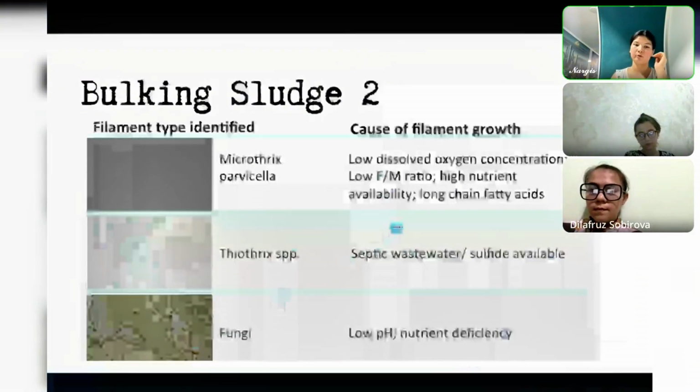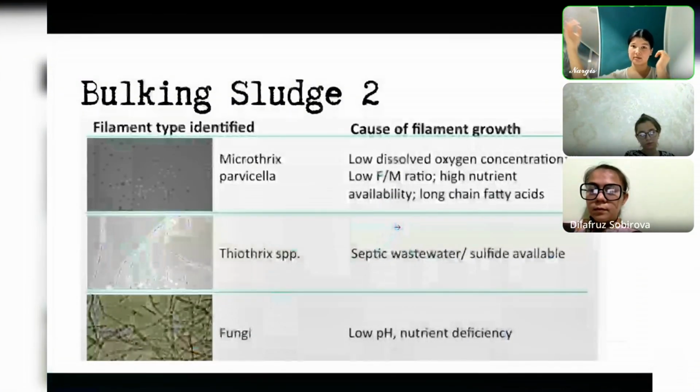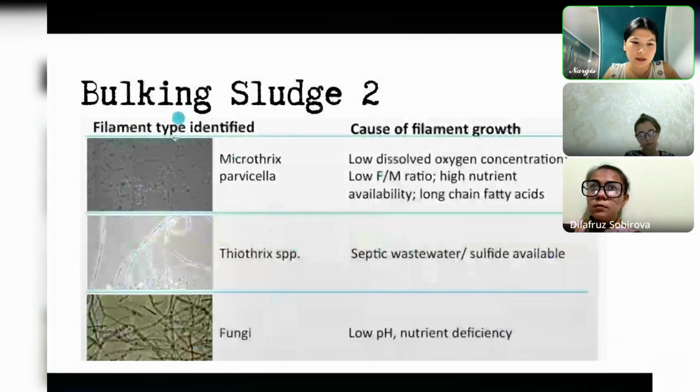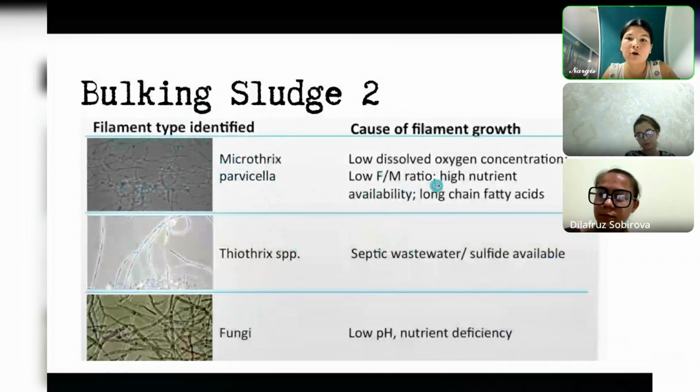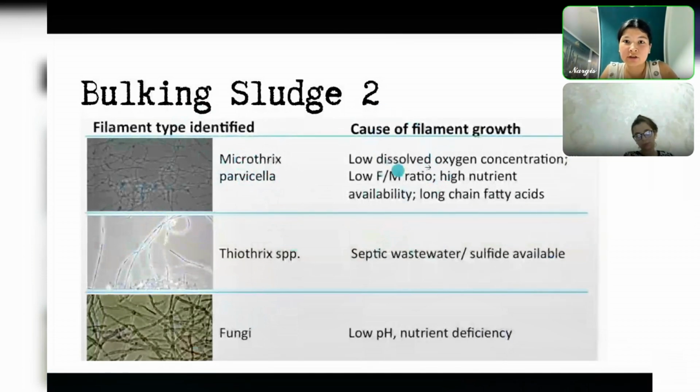So when does it usually happen? So there are a lot of reasons that may cause this problem. And there are a lot of bacteria that may grow from this. And usually this might happen if your oxygen supply to a secondary clarifier is low, meaning low dissolved oxygen, or you have very high nutrient availability, meaning nitrogen and phosphorus, there are a lot of them, or long chain fatty acids, meaning, for example, when such kind of places as Evas or Orte par lavage, they fry a lot of fries, right?